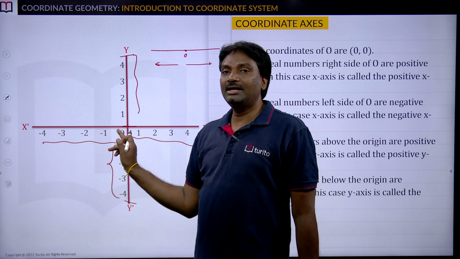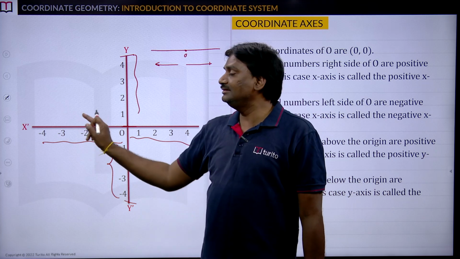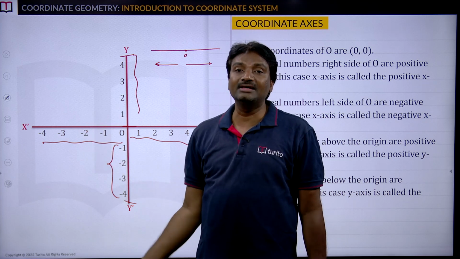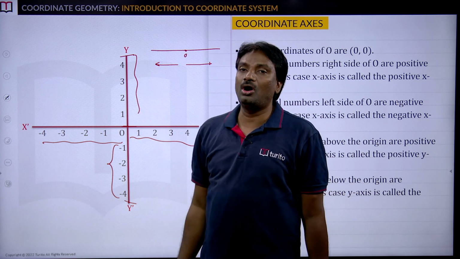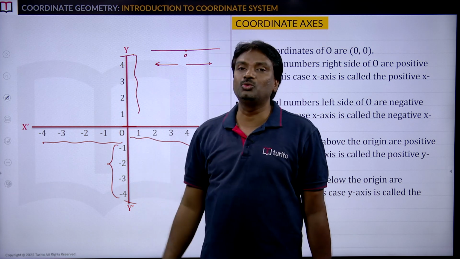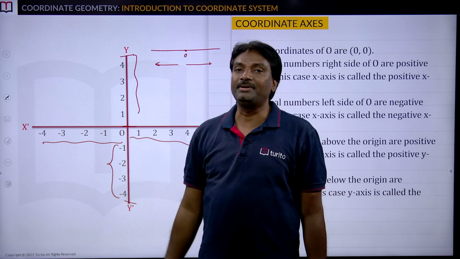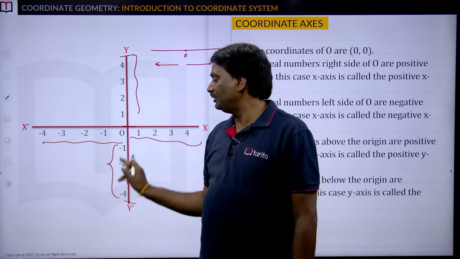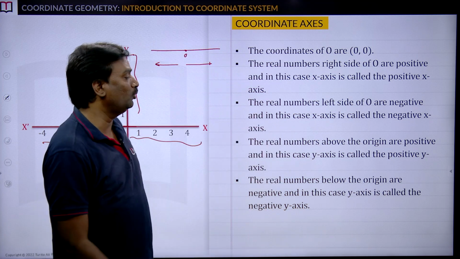All the numbers to the left of 0 are negative real numbers, and this part is known as the negative x-axis. All the numbers above 0 are positive real numbers, and this part is known as the positive y-axis. All the numbers below 0 are negative real numbers, and this part is known as the negative y-axis.